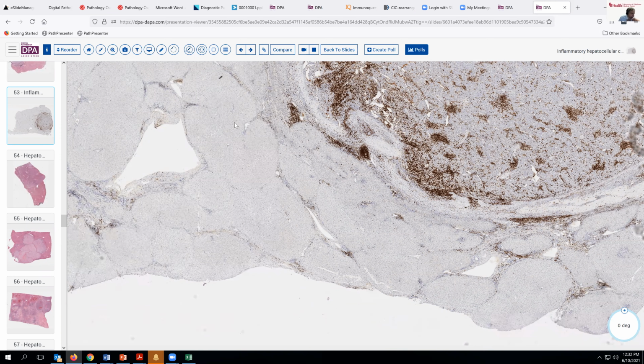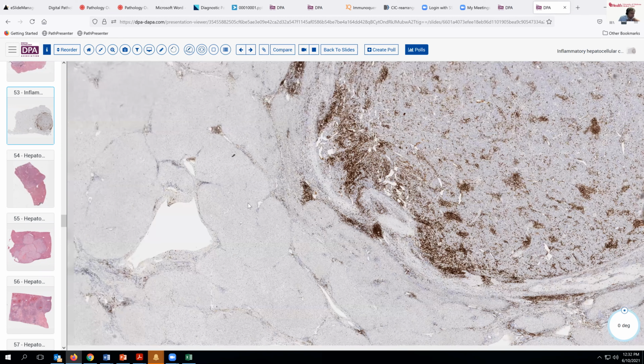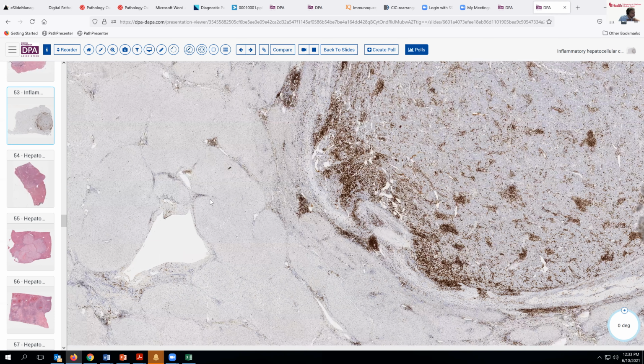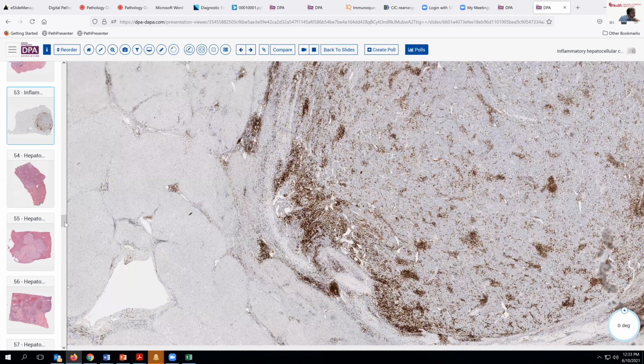Certainly with the hepatitis B and C related hepatocellular carcinomas, the inflammation probably plays a role in the pathogenesis of the hepatocellular carcinoma, setting up the milieu for subsequent mutational events that prompt the hepatocellular carcinoma to develop.